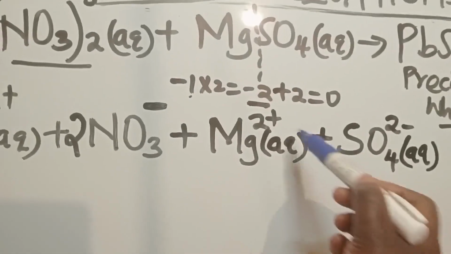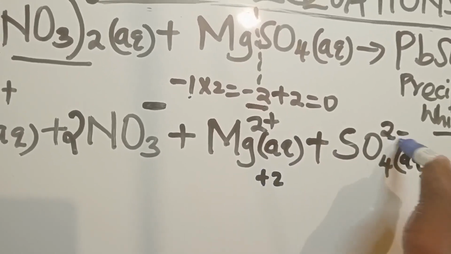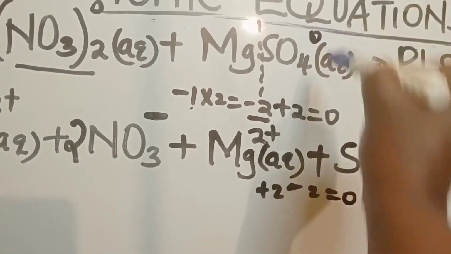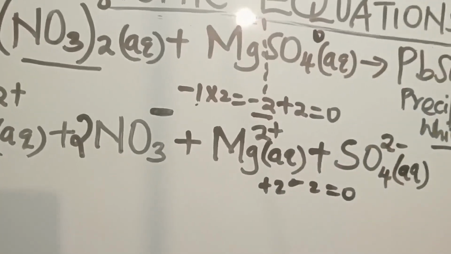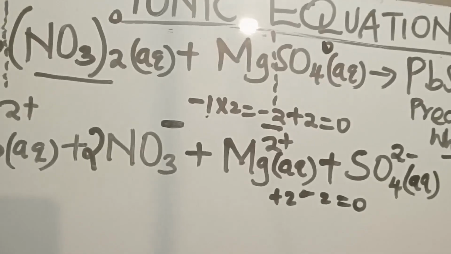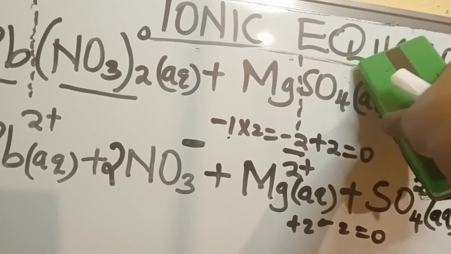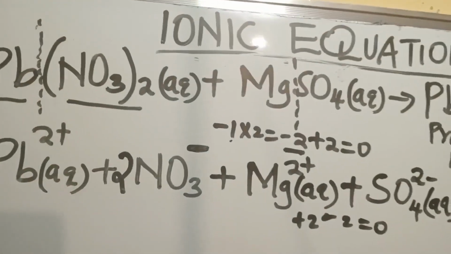To balance the charges, this one is +2 and this one is -2 mathematically. So already here we have an overall charge of 0, though we are not supposed to write it. You should not get confused and think that this 0 should always be here. I'm just explaining that for these substances, the overall charge is 0.